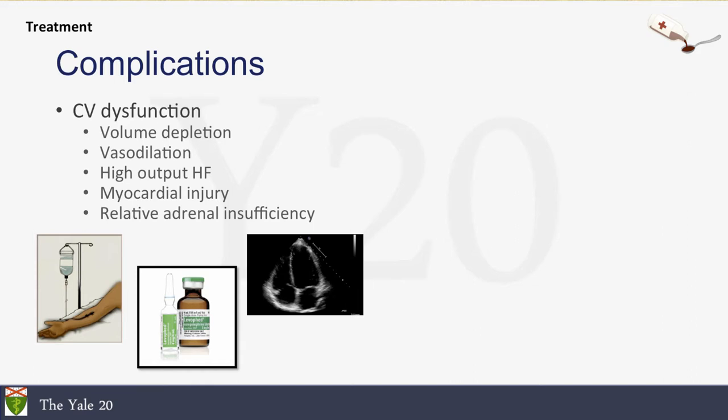Goal mean arterial pressure is 65 to 75 in order to maintain cerebral perfusion pressure. If response is inadequate to fluids, we move to vasoactive drugs or pressors. Norepinephrine is the preferred vasopressor, while epinephrine and dopamine may be used as second line.